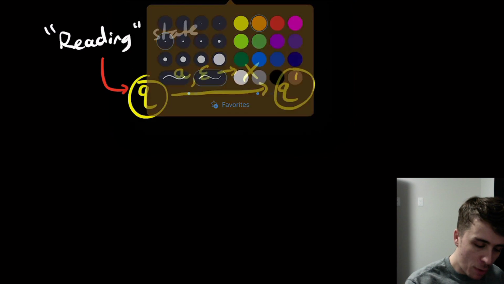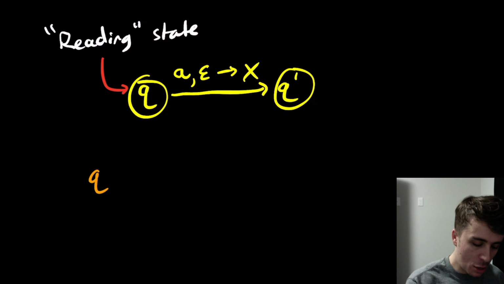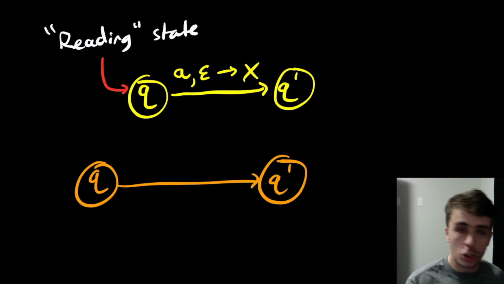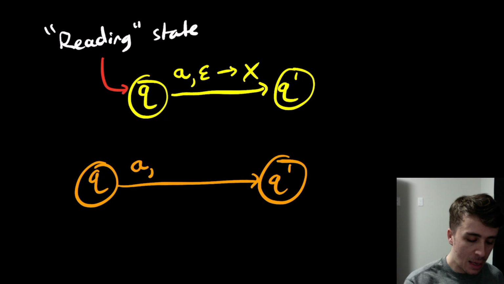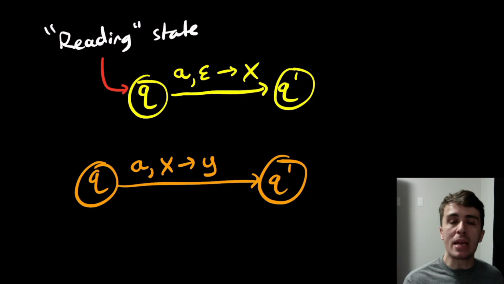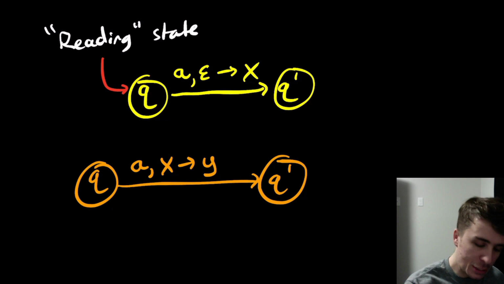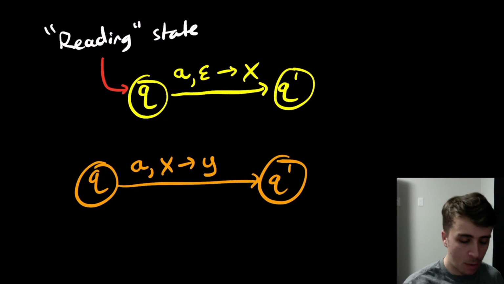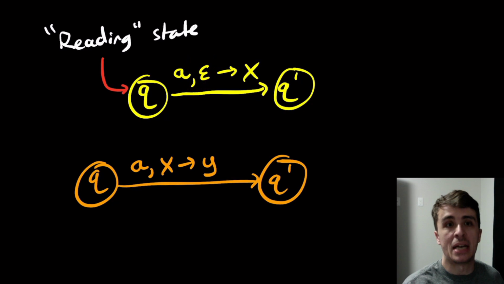So what if we had, let's say, Q going to Q prime, which is not a reading transition. Let's say it's A popping an X and pushing a Y. So it's not a reading state necessarily, because it's popping something right here, whereas the reading condition says it's not popping.